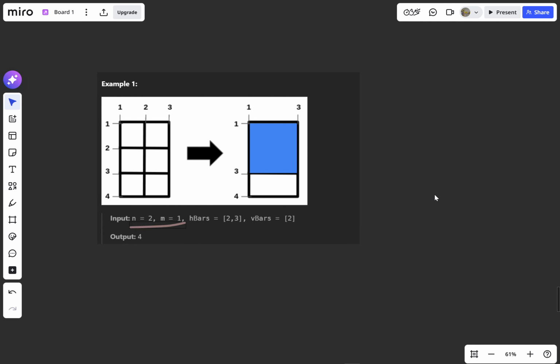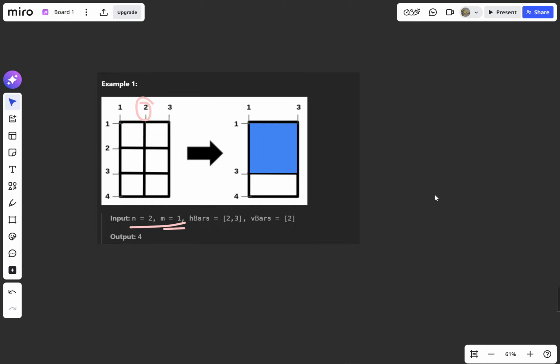In this example it has given n and m, where n represents the number of horizontal bars and m represents the number of vertical bars. So n plus 2 horizontal bars and m plus 2 vertical bars are present there.